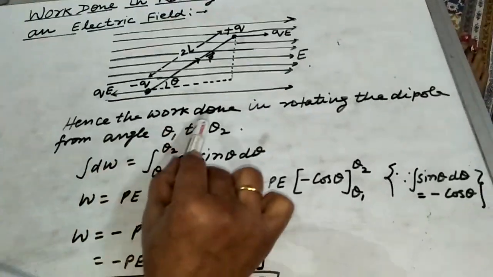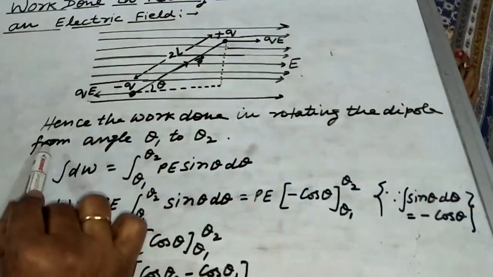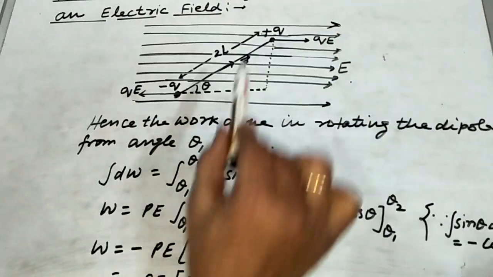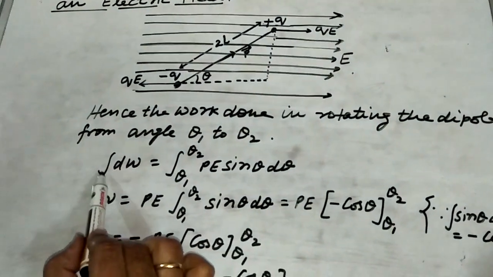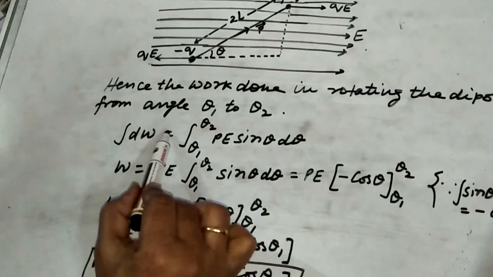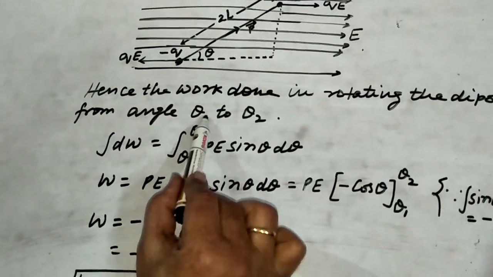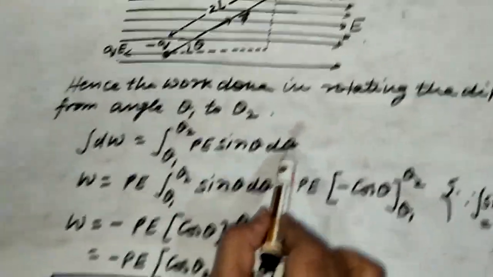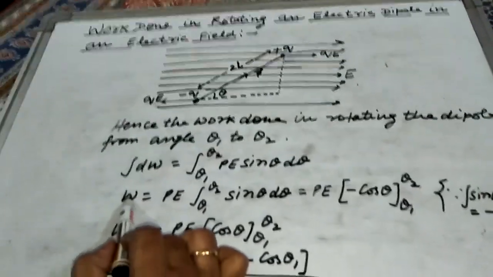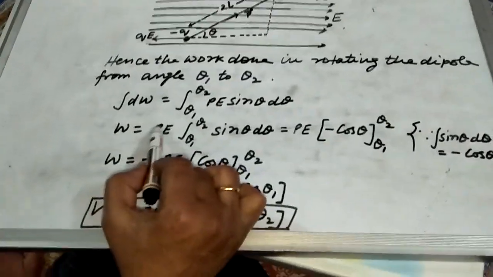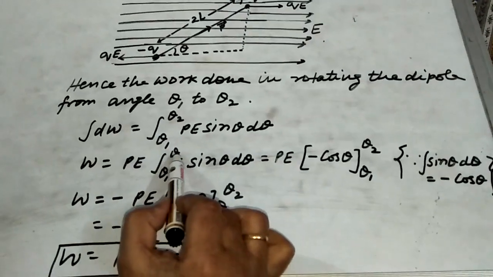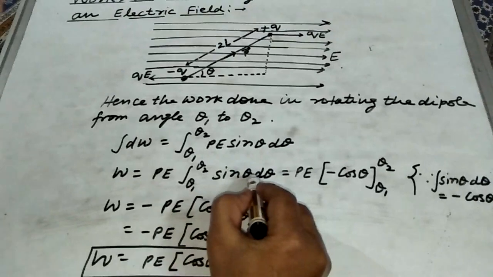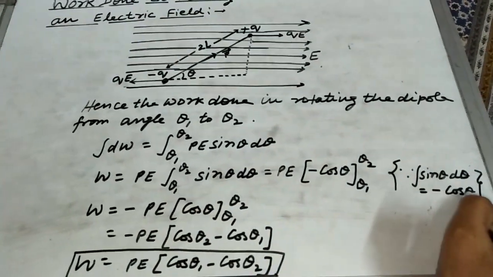Hence the work done in rotating the dipole from angle theta 1 to theta 2 in this uniform electric field: for this purpose we integrate dW from theta 1 to theta 2 of PE sin theta d theta. Take PE outside, since it is constant. Then the integral of sin theta d theta is minus cos theta.